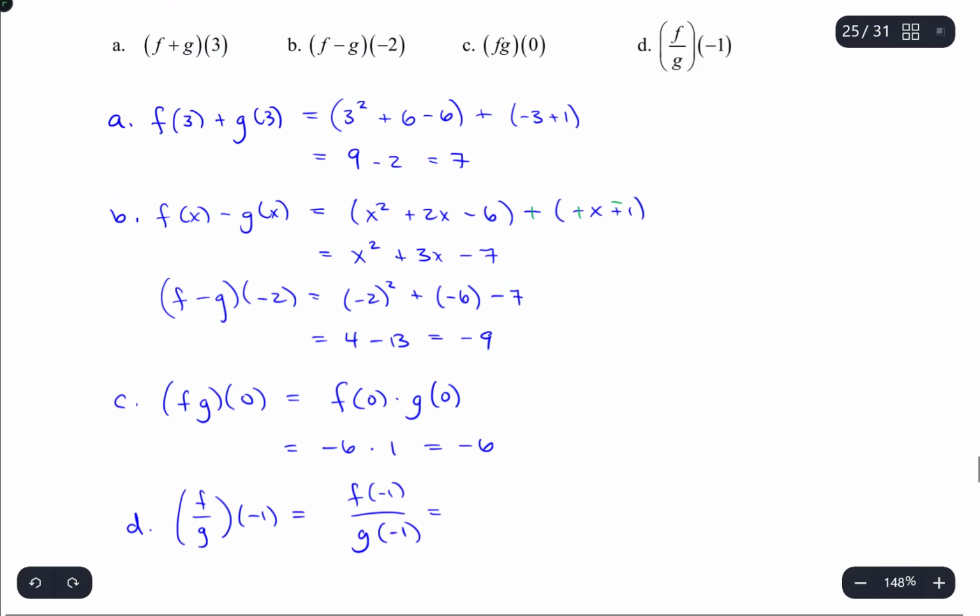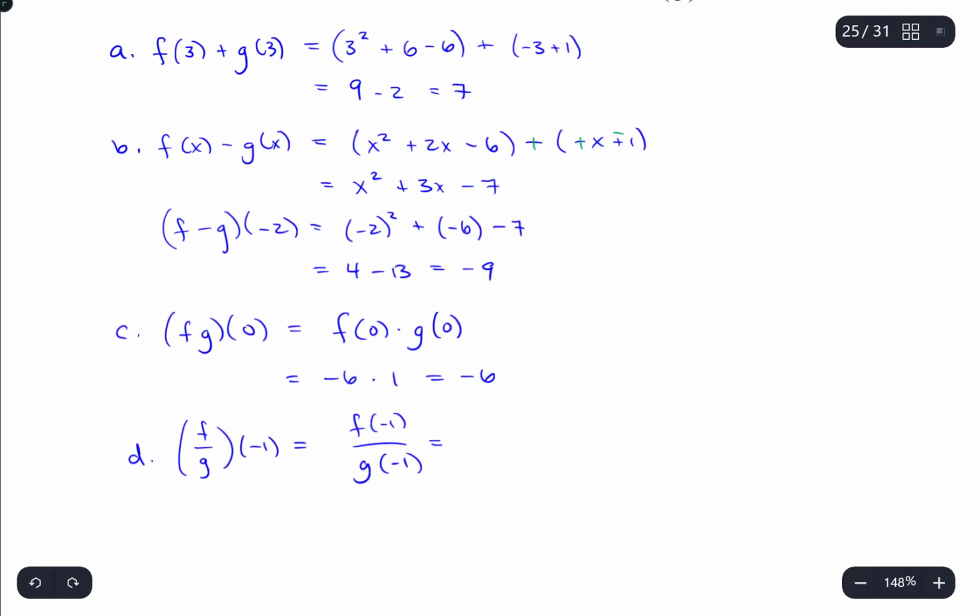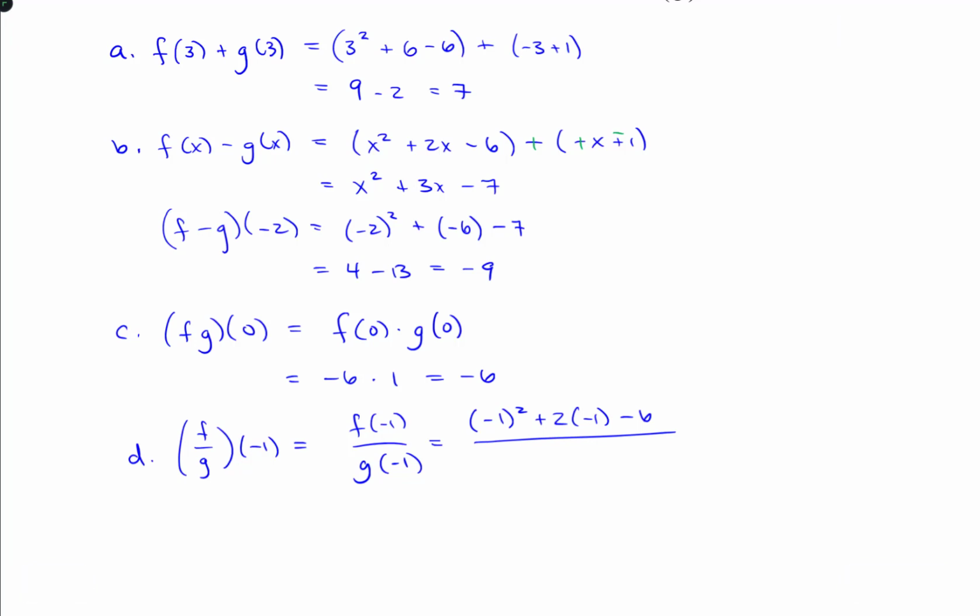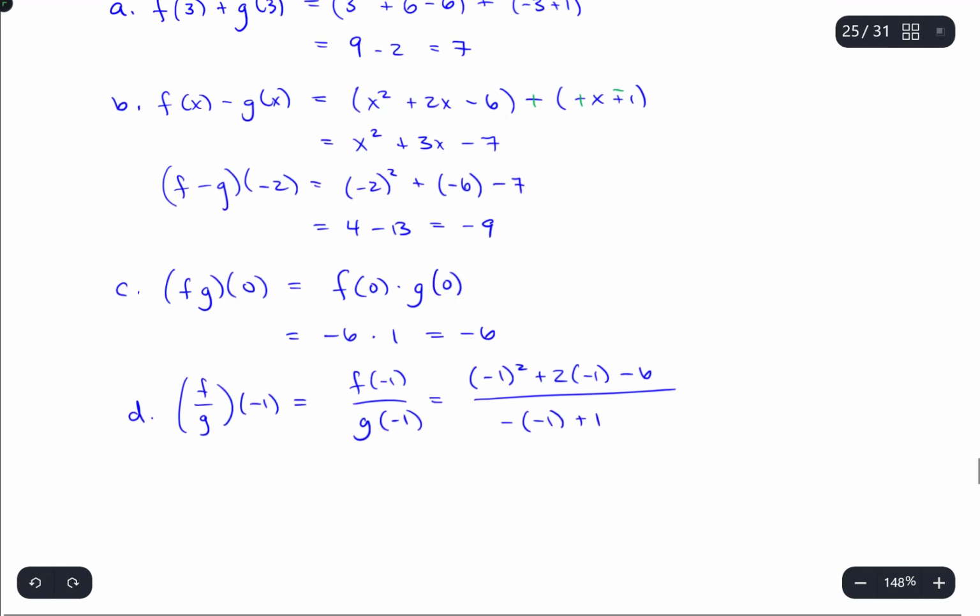So the function f being x squared plus 2x minus 6, this would become negative 1 squared plus 2 times negative 1 minus 6 all over g of negative 1, which g was negative x plus 1, so this would be negative of negative 1 plus 1, which would be 1 minus 2 minus 6 all over 2.